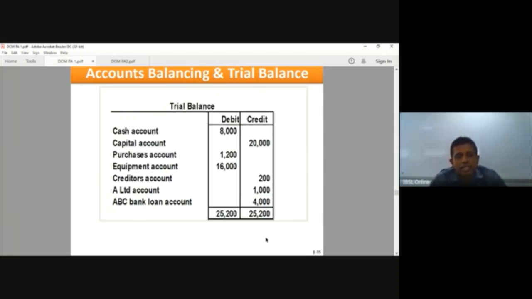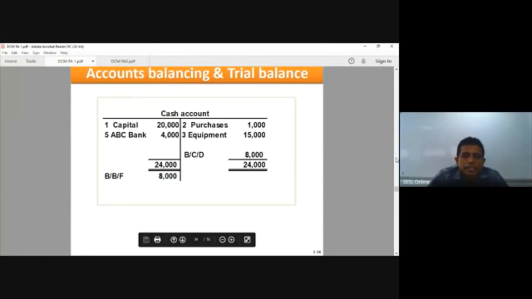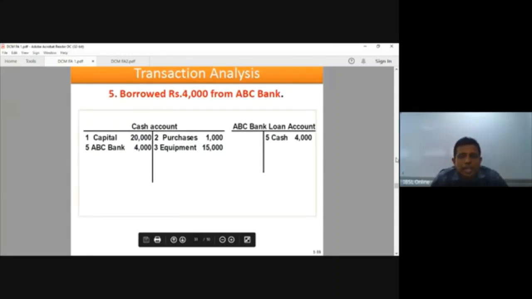Now, if I go to an example, right? In this last account, if you take borrowed 4,000 from ABC Bank, we debit the cash account, credit the bank loan account, right? Assume that we debit the ABC bank loan account and credit the cash account. Still, the trial balance will get tallied, right?